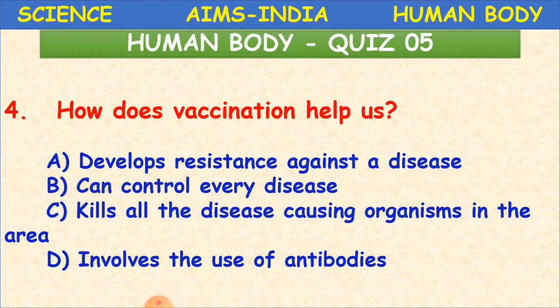And the answer is develops resistance against a disease. If we have the vaccine, even though we are getting the disease, it is going to develop the immune system. It is going to resist against the disease so that we don't get the disease. Clear, children? Okay.